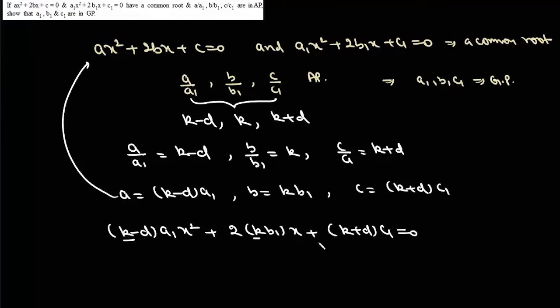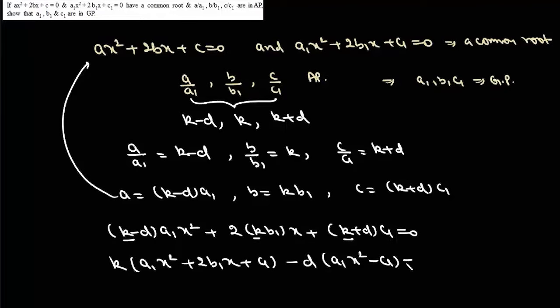Now we'll take terms of k together, so we can write k times (a1 x square plus 2b1x plus c1), and then we'll take terms of d together, so it'll be minus d times (a1 x square minus c1) equals 0.